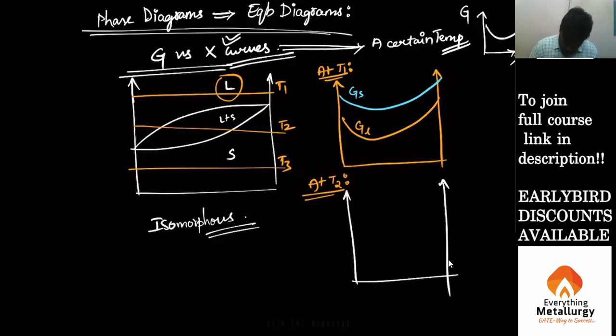Now I'm drawing my liquid. Initially in this range, if you see the phase diagram, which one is stable? My liquid is stable. Similarly, in this region 2, the two phase region, both are present, and after this particular composition, the solid is stable.